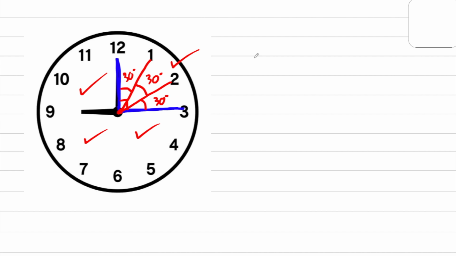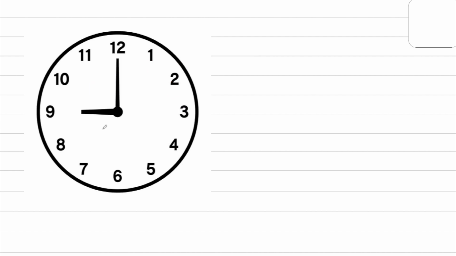Yeah, I have another question, a little bit harder. What is the angle between 6 and 7 in this diagram? You can understand that this is also equal to 30 degrees, right? How about 7 to 8? What is this angle?